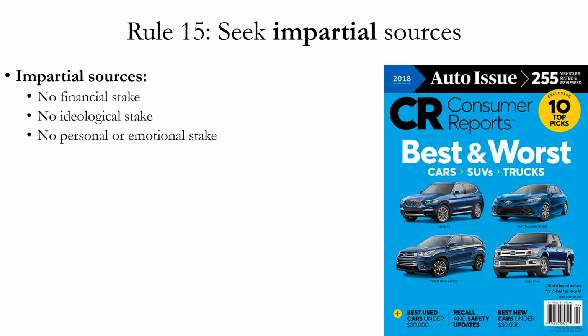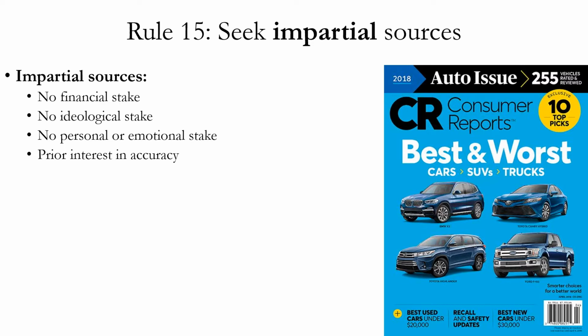So for example, if you ask a parent if they think their child is smart, they're probably going to be a biased source of information. Even though they're highly informed about their child, they're not going to be impartial in terms of how they assess that information.